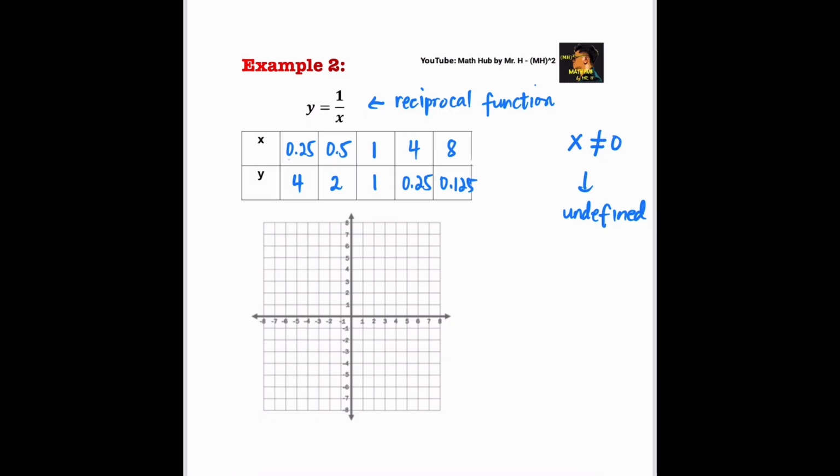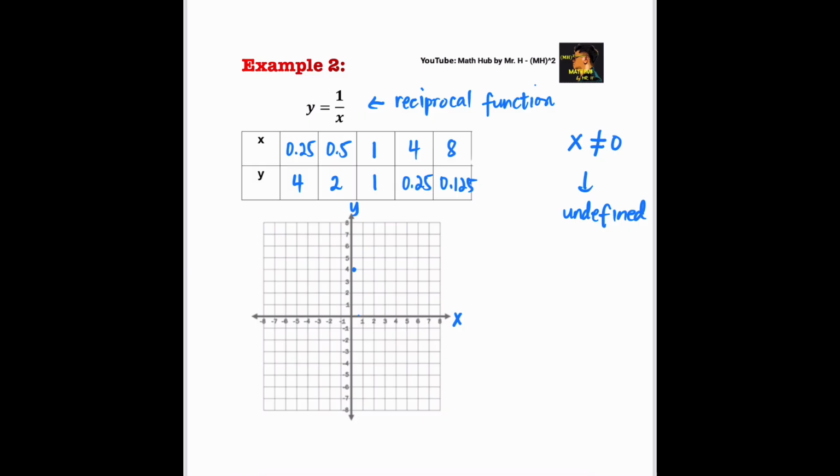Obviously, I picked all positive values of x, so we're expecting a graph that is going to land in quadrant 1. I have here the x-axis and the y-axis. If x is 0.25, then y is 4. That's the first point, 0.25 and 4.